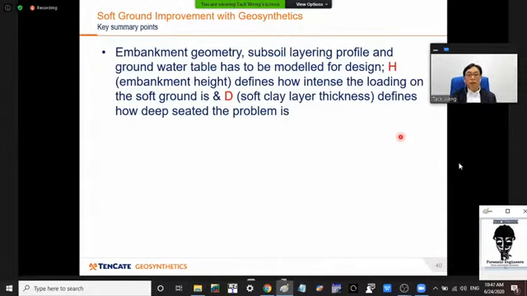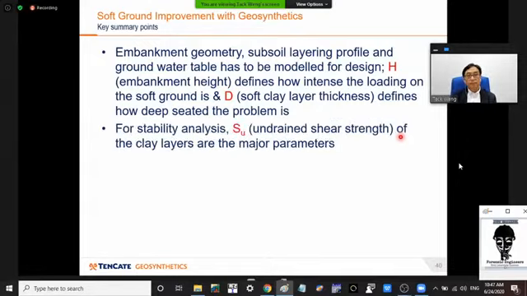H defines how intense the loading is on the soft ground, and D defines how deep-seated your problem is. And for stability analysis, it is the undrained shear strength that matters, that is important for design.